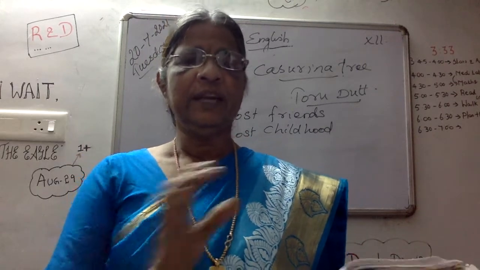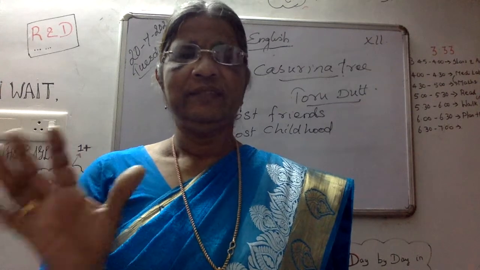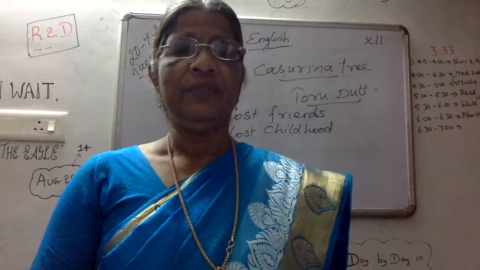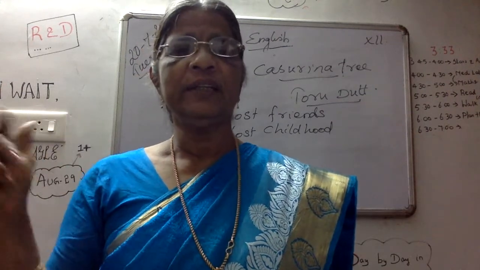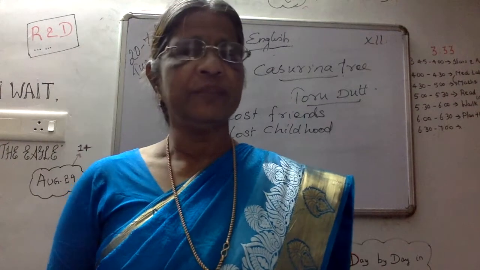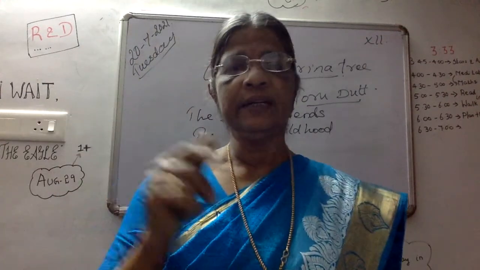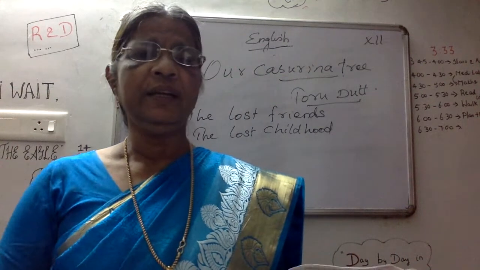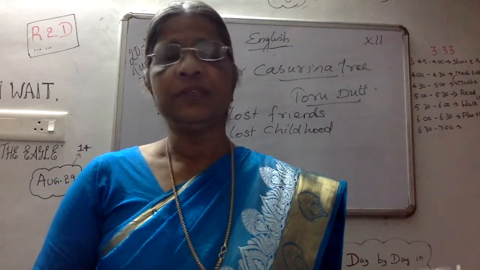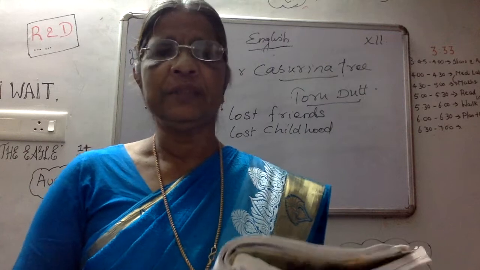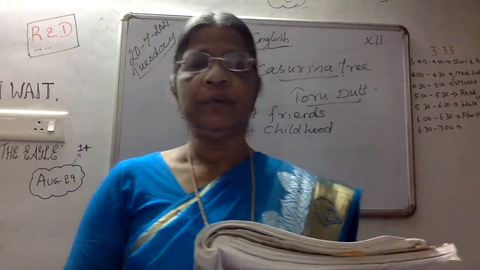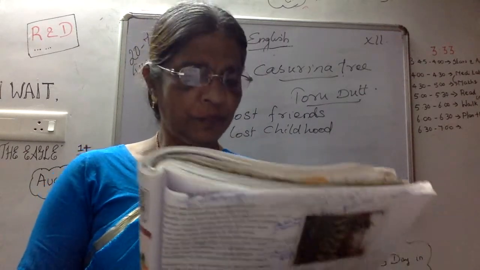And below that, explain that line vaguely, right? For writing the name of the author and the title of the poem, you will get 2 marks. For explanation, it is 1 mark. So in the author's name and the title of the poem, you should not commit any mistakes. Spelling mistakes should not be there, right? You must be thorough with the title of the poem and the author of the poem.